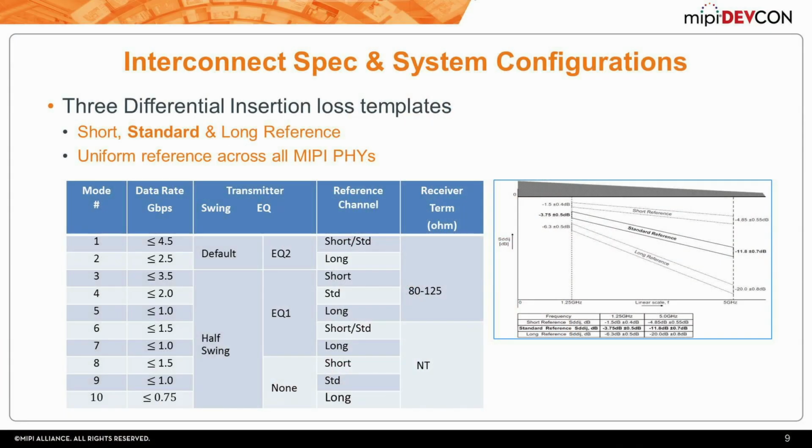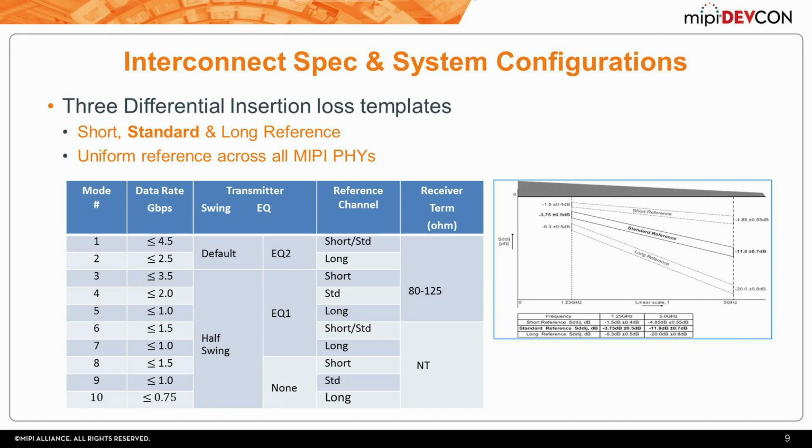Differential insertion loss has been defined since version 1 of D-PHY. What is new in the recent versions is that they have specified the insertion loss characteristics, and they have provided three options. One is the standard reference channel, which all designs must meet.